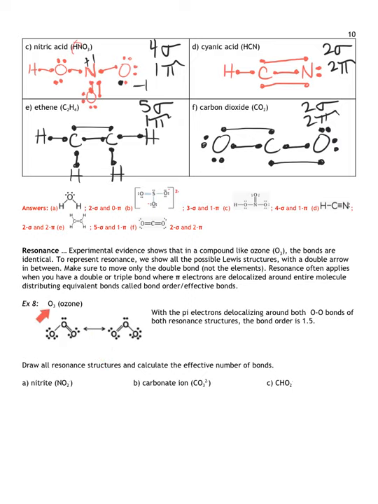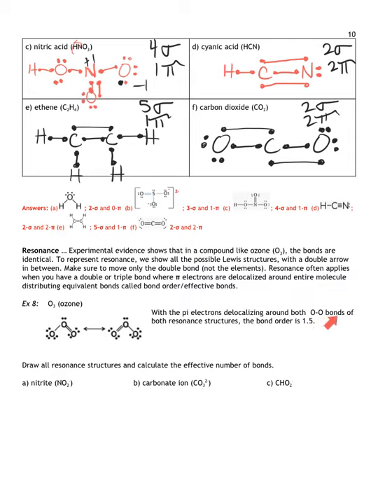So something like ozone. Here I've drawn ozone. And notice how this pi bond, this double bond right here, has a pi electron. I can move it over to the other side. When I move it over to the other side, notice the double bond is now on the left side. The pi electrons moved over, so we call that delocalizing.